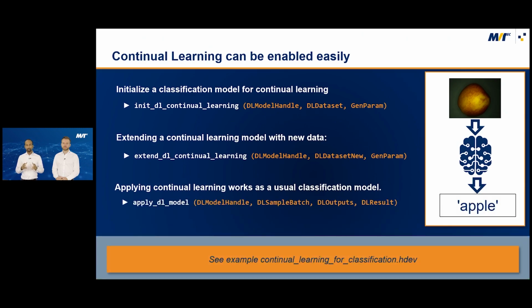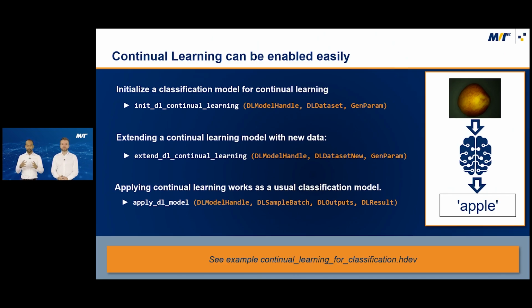So you have a classification model. You have to initialize it for continual learning, for which you use the operator init_dl_continual_learning. Then once the initialization is done, you can extend the classification model with either new classes, or you can add data to the old classes itself.